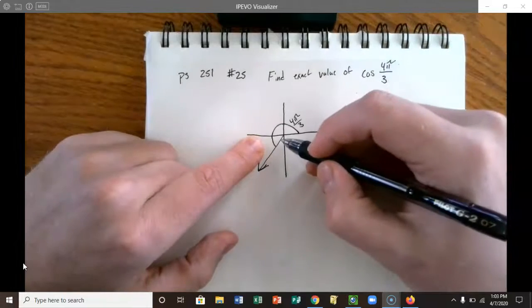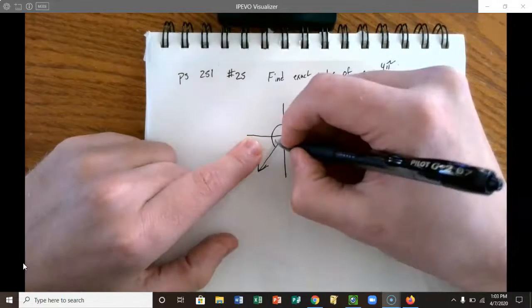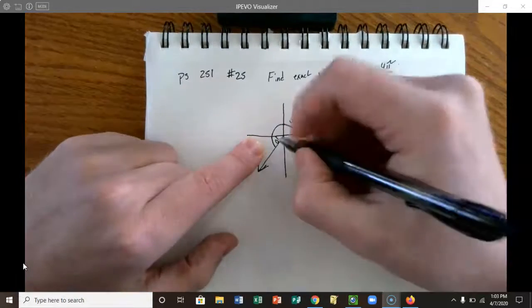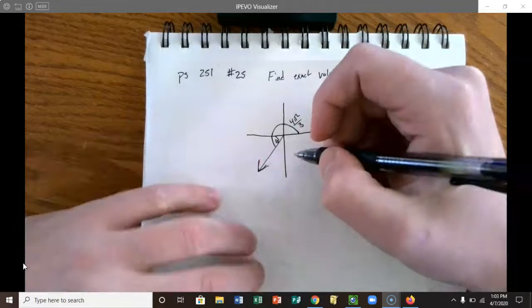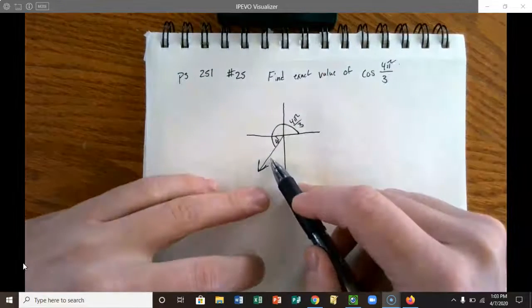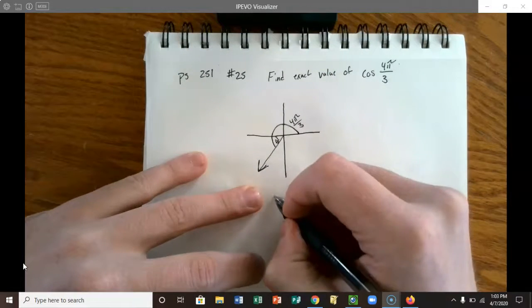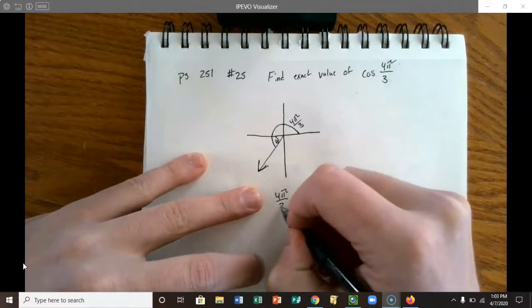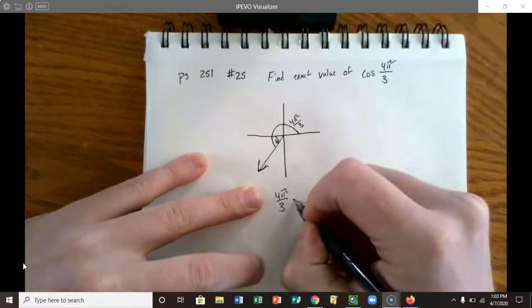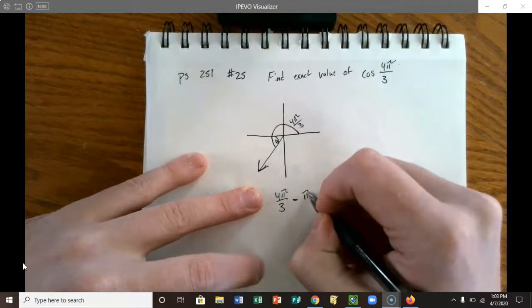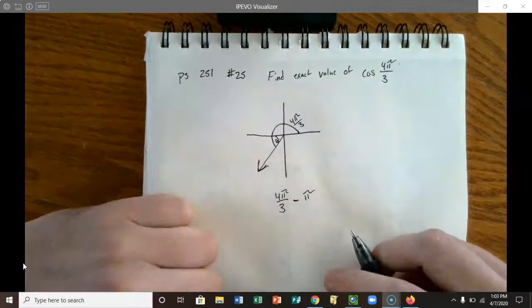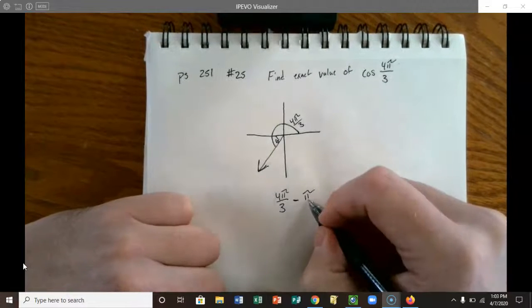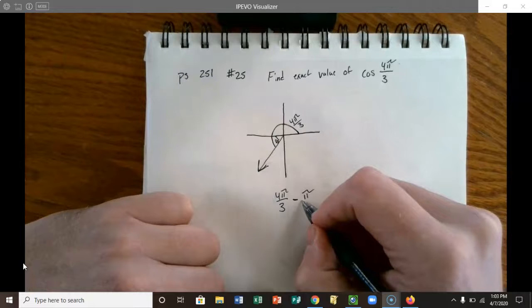So now we have to find the reference angle, or theta with the apostrophe. The way that we would find this, since it's in quadrant 3, is we want to take our theta angle, which is 4 pi over 3, and we're going to minus pi. In order to make this happen, they have to have a common denominator.